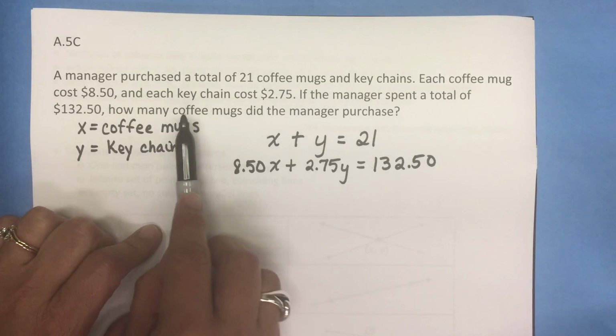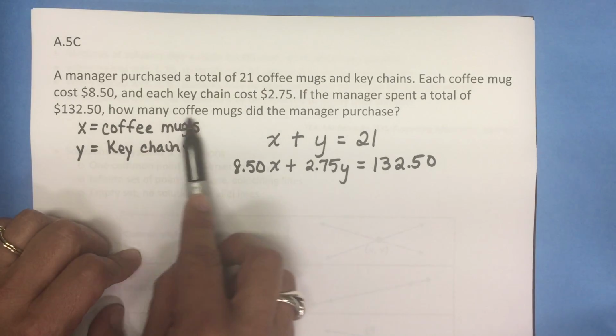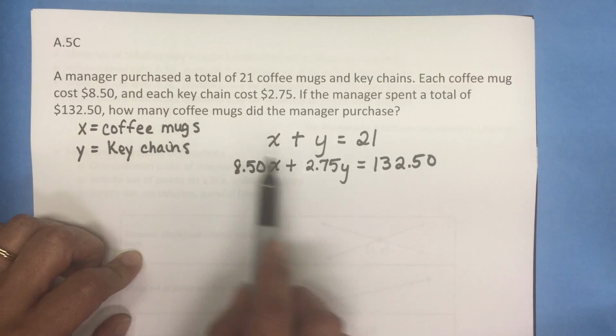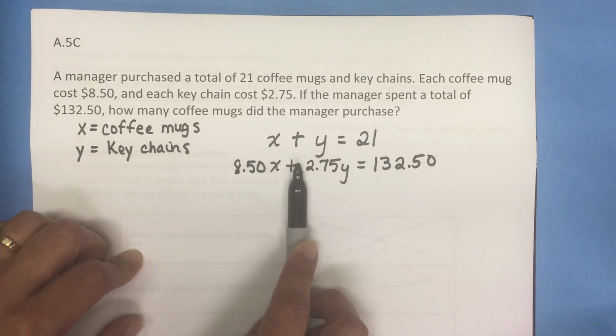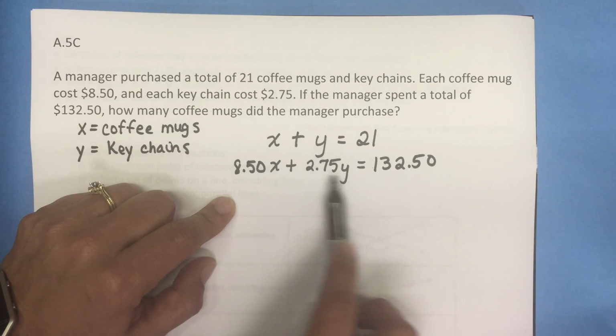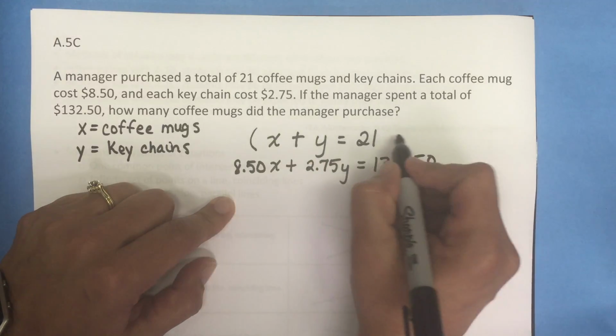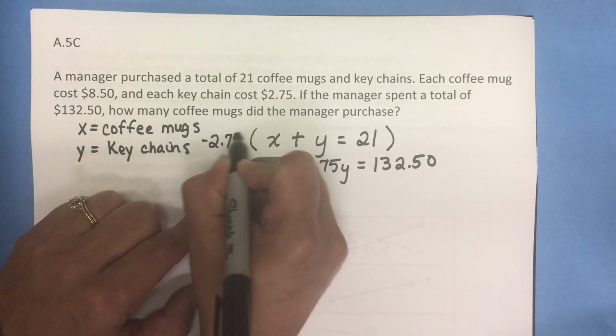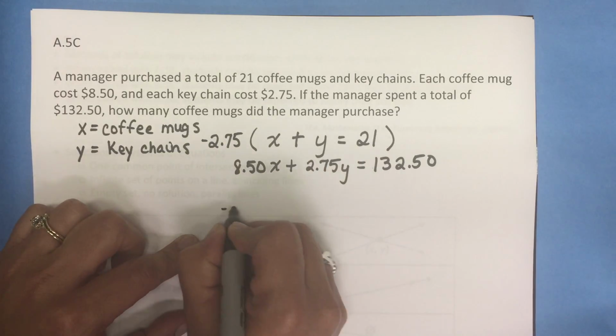So I know I'm looking for coffee mugs, because the question is how many coffee mugs did the manager purchase, which is my variable x. So I'm going to try to eliminate the variable y. To eliminate the variable y, I want the opposite of positive 2.75. So I'm going to multiply that first equation by negative 2.75.